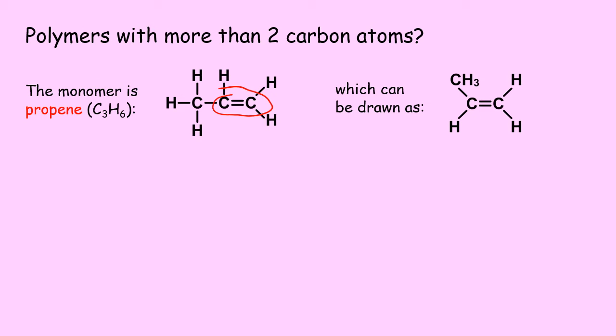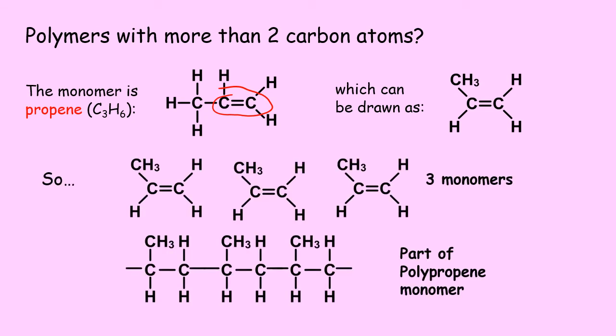So for example, propene has this CH3 group, which we can draw pointing up here. Then we can draw our 3 monomers together, like that, and connect them as so. Again, remembering in our final polymer, have these bonds sticking out either end to show that it can continue.